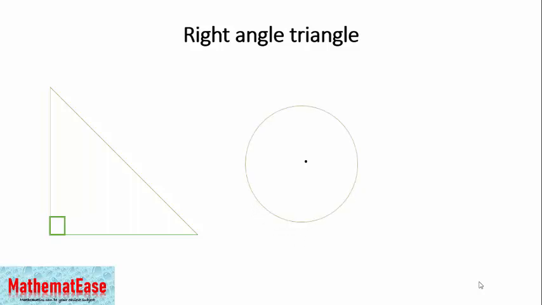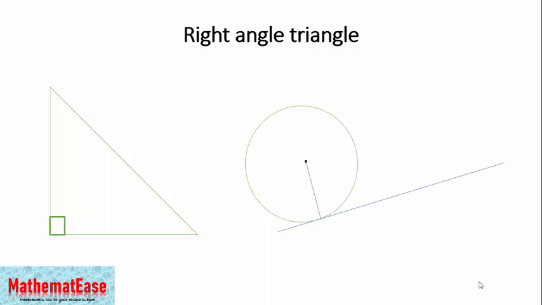Another way: when you have a circle and a line that is tangential to that circle, and you have a line from the center that touches that tangential line, the angle between that radius and the tangent is 90. A line from the center of a circle to the circumference is known as the radius.